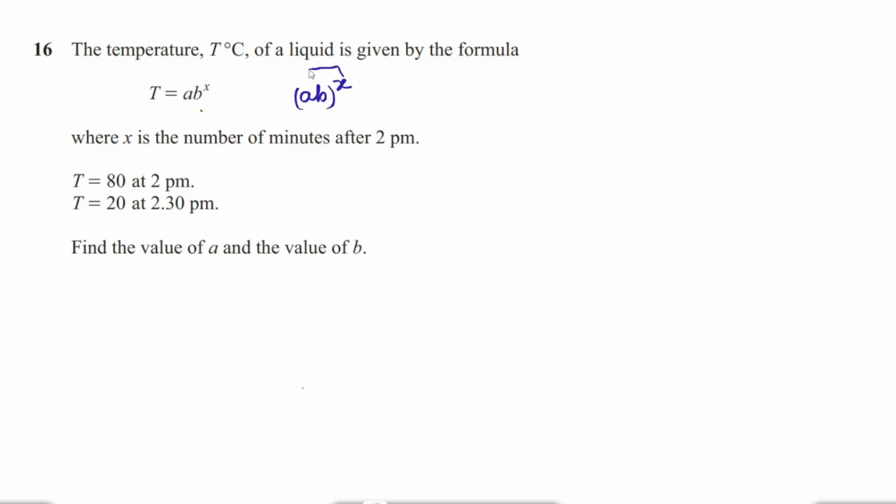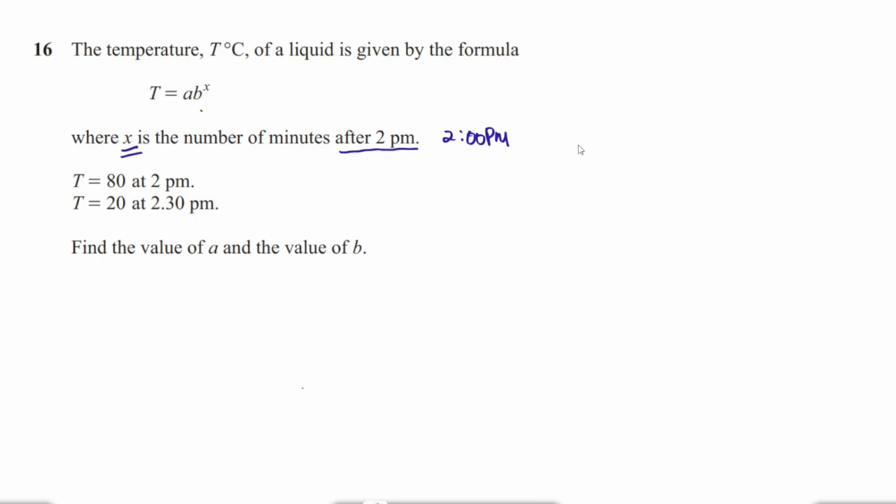Here X is the number of minutes after 2 minutes. It means if the time is 2 p.m., the number of minutes passed after 2 is 0.